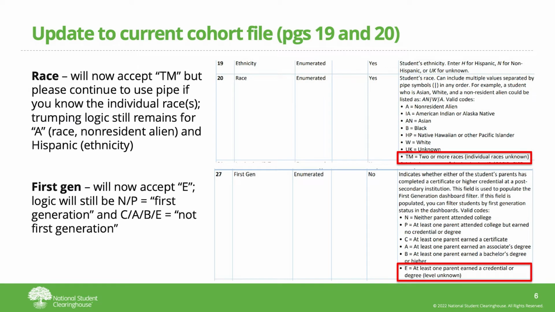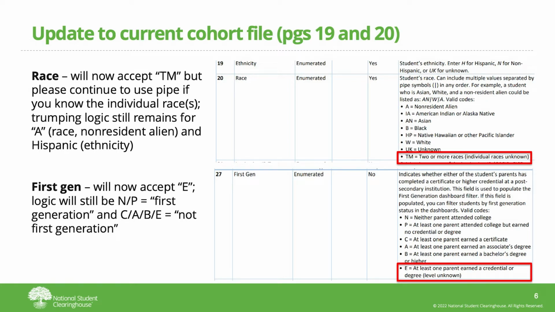The first one is the race value that exists currently in the cohort file, which has been updated to include a new value, which is TM. TM is basically the idea that if the data submitter or institution does not know the individual races of the student, they can upload this as the value for their race.